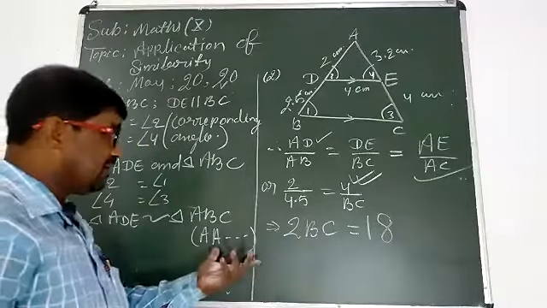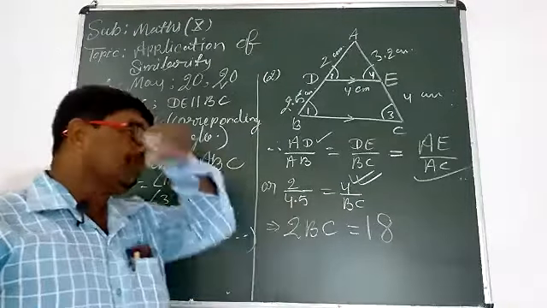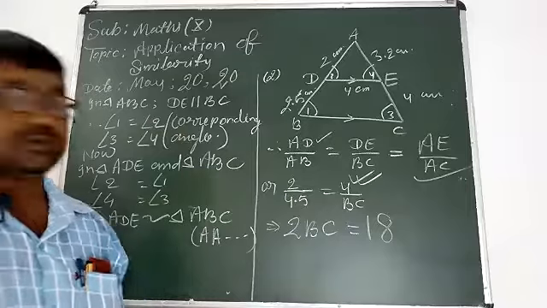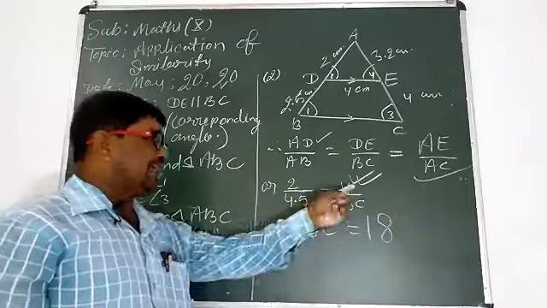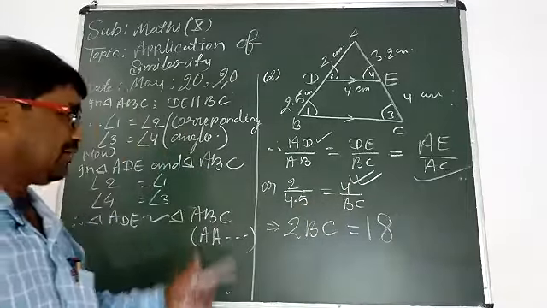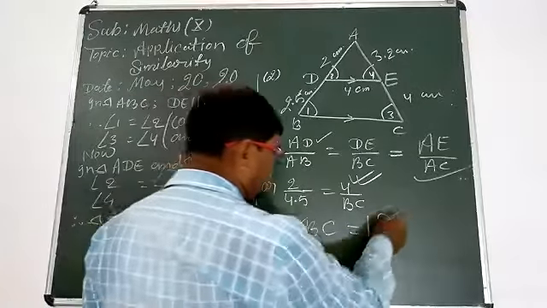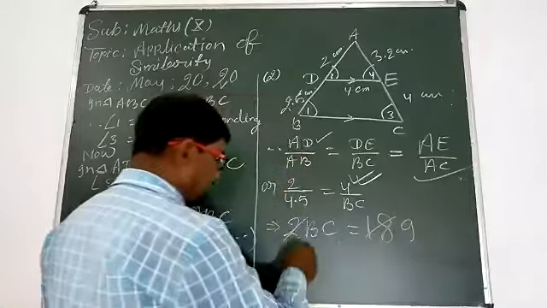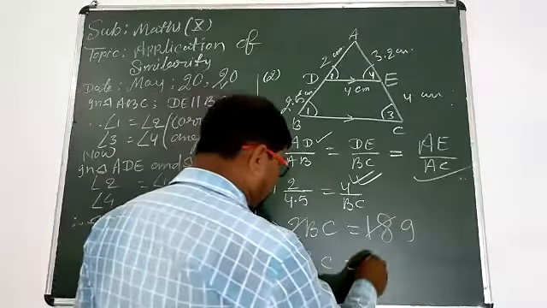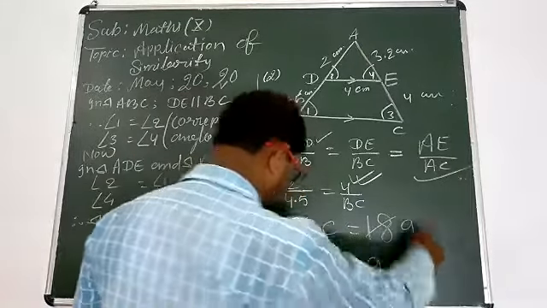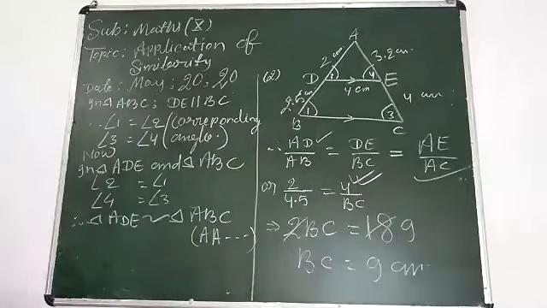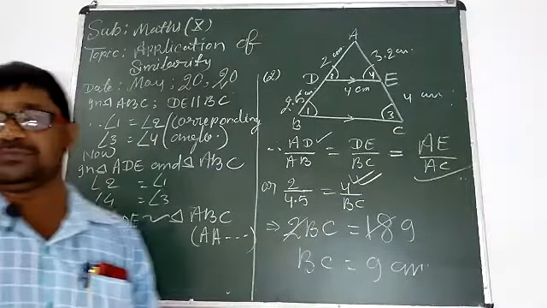How 18? 4.5 multiplied by 4. Now 2 ones are 2, 2 nines are 18. So BC equals 9 cm.